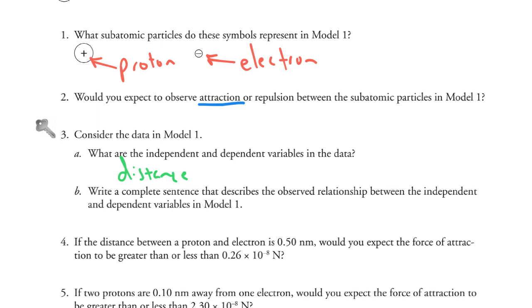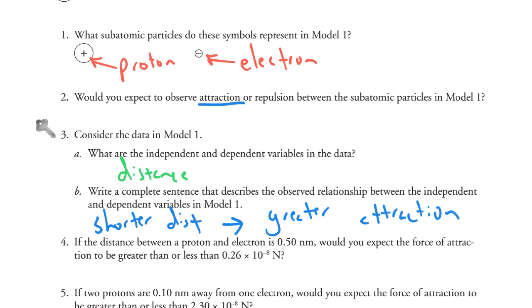All I'm going to say is shorter distance leads to greater attraction. And you can see that because as the distance gets smaller and smaller, the force of attraction, that number, is going up.